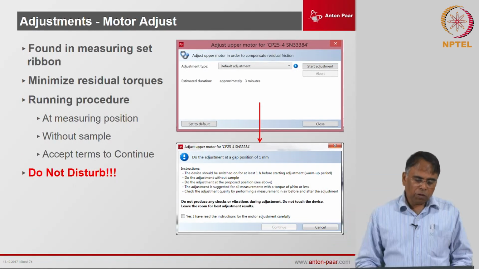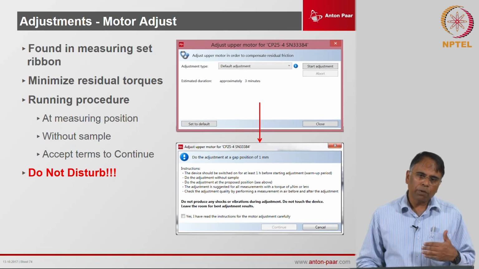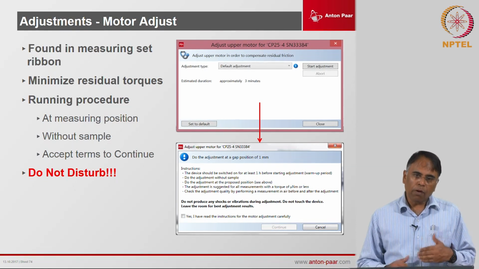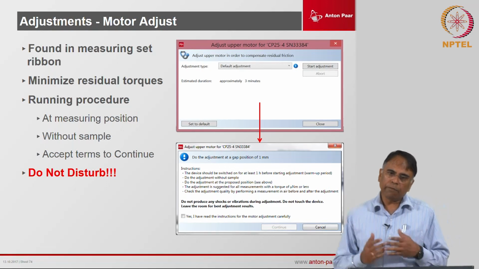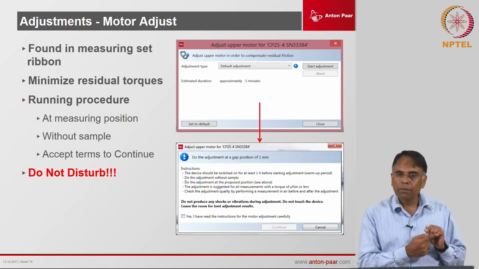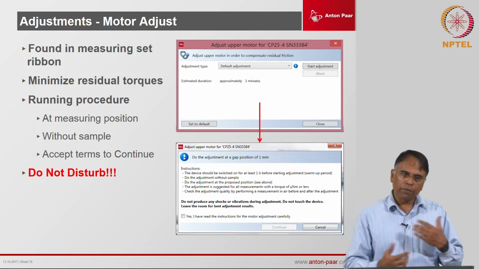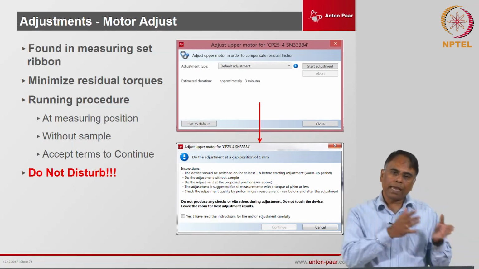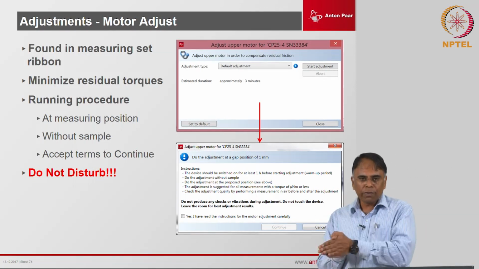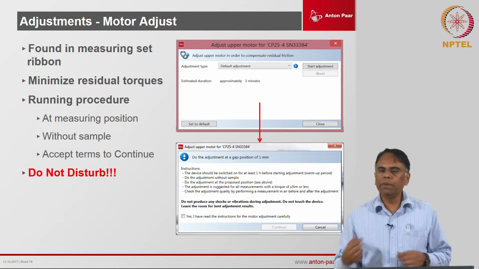There are geometries where if you are going to measure even the normal force, then you can do a motor adjustment for a longer duration of time at very low shear conditions, so that you can map not only the torque, but also the normal force at all 360 degrees. Okay. So, if you do a long adjust, it is mapping both the torque and the normal force, and if you do a short adjust, generally only the torque will be mapped.